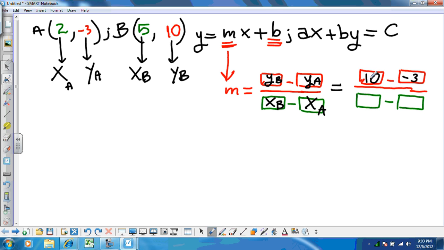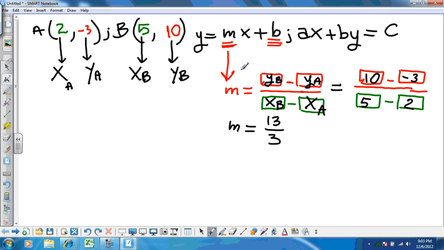Students oftentimes are confused between the negative that's already embedded in the equation and the negative sign that comes from any possible x's or y's. So by putting boxes, we know that these two negatives already are in the equation. So you can see here 10 minus -3 is the difference in y, and then in the denominator I have 5 minus 2. So we can go ahead and put 5 here and the 2 there.